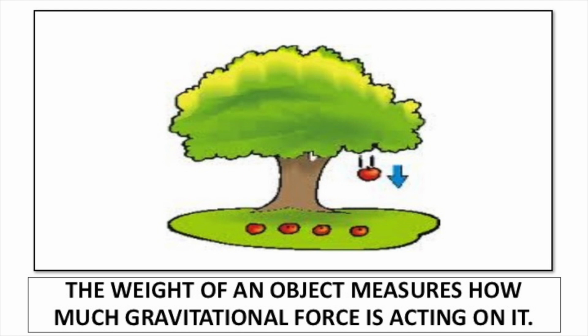Because gravity is forcing it down. And you can see these apples here have already fallen down. But what is it that makes the gravity work on the object? Weight. The weight of an object determines the amount of gravitational force.